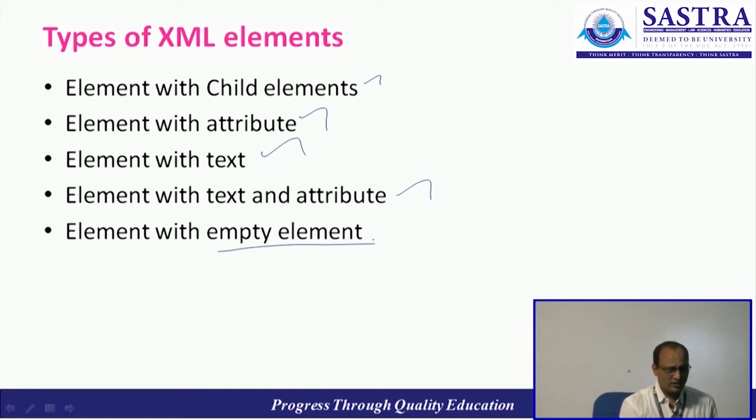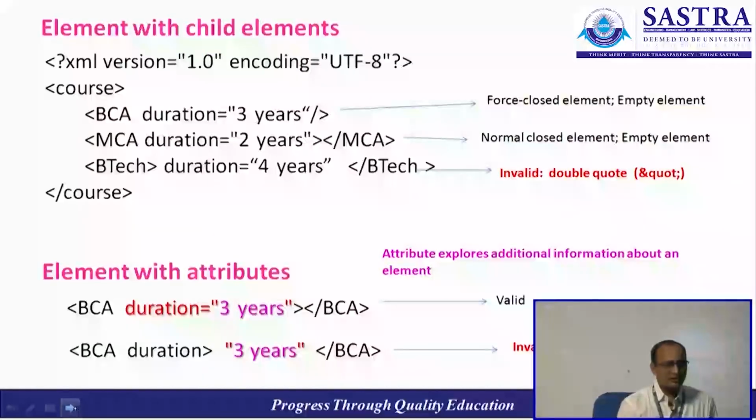Now, when we create the various types of XML elements, we can make some mistakes. So we should be very careful about creating elements that should be very close to the content or the actual information.